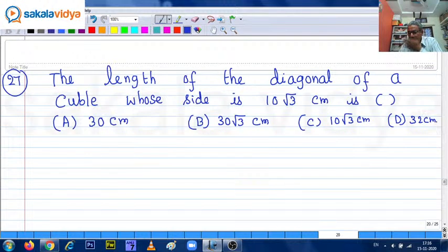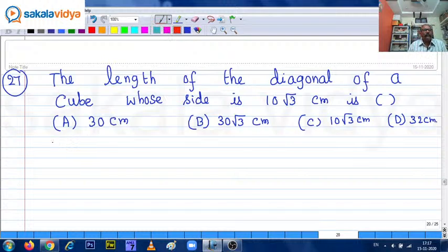The length of the diagonal of a cube whose side is 10 root 3 centimeters is.